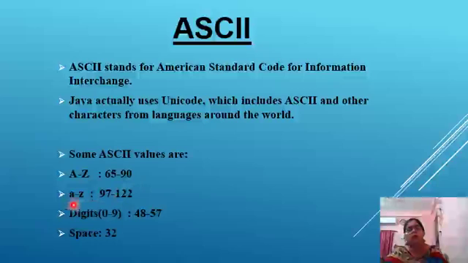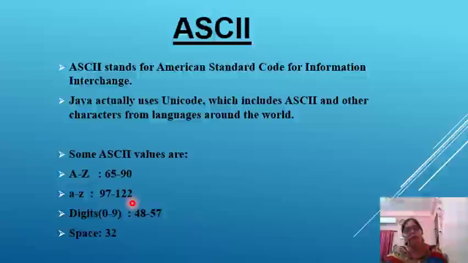And for small a to z in ASCII code, small a has a value of 97, small b has a value of 98, small c has a value of 99. And it goes on like this to 122. 122 means small z.